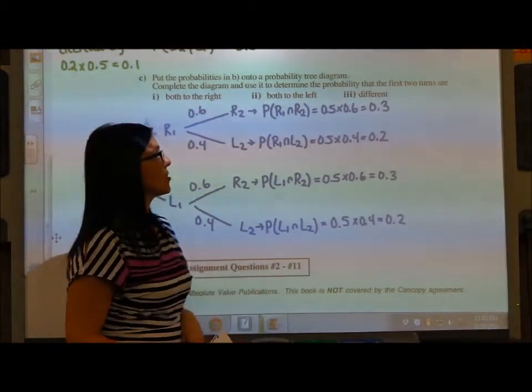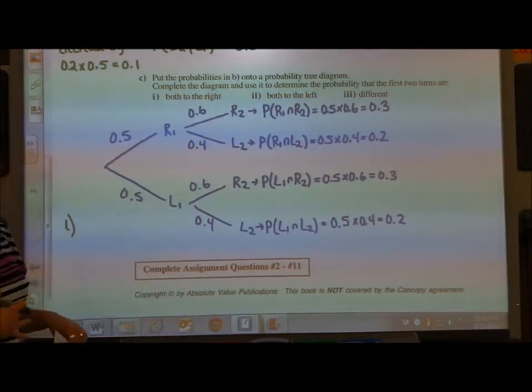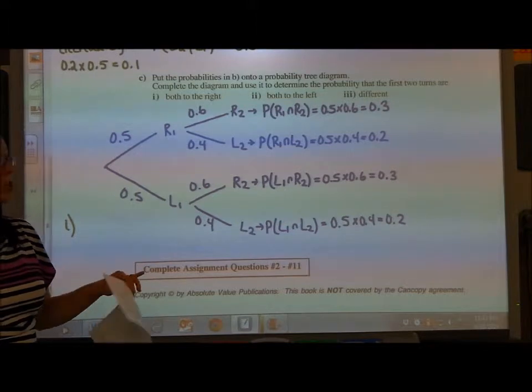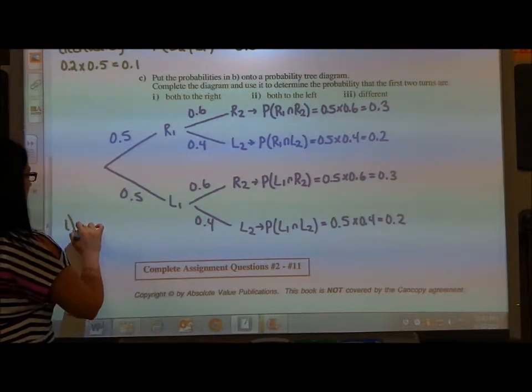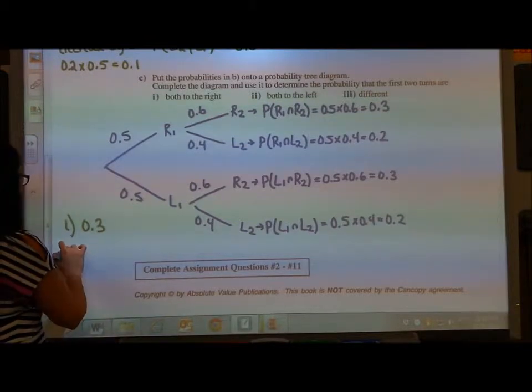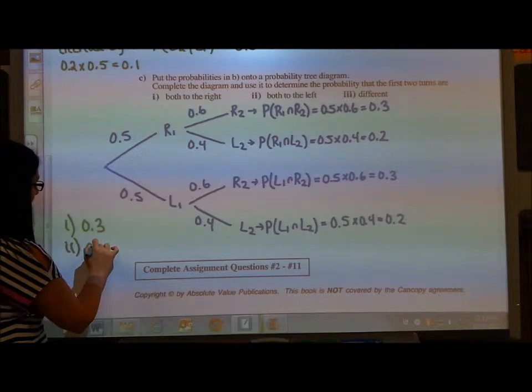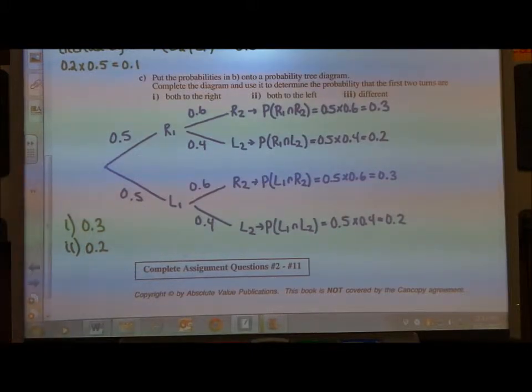Now I need to answer the questions. So the probability that the first two turns are both to the right is 0.3. The probability that it goes to the left both times is 0.2.